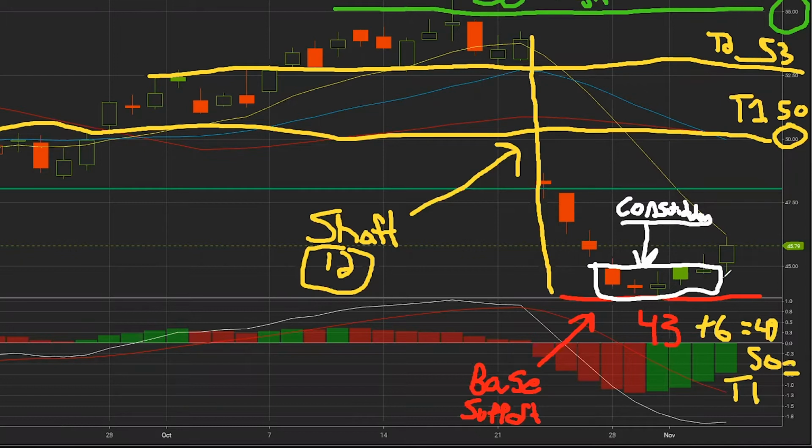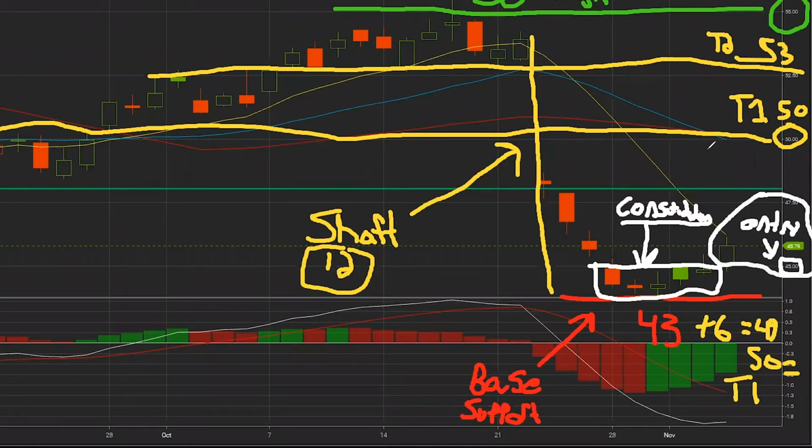So this area here is our consolidation. So that means the first candle with body above 45, that's going to be our entry, right? So 45, this right here is our entry today.